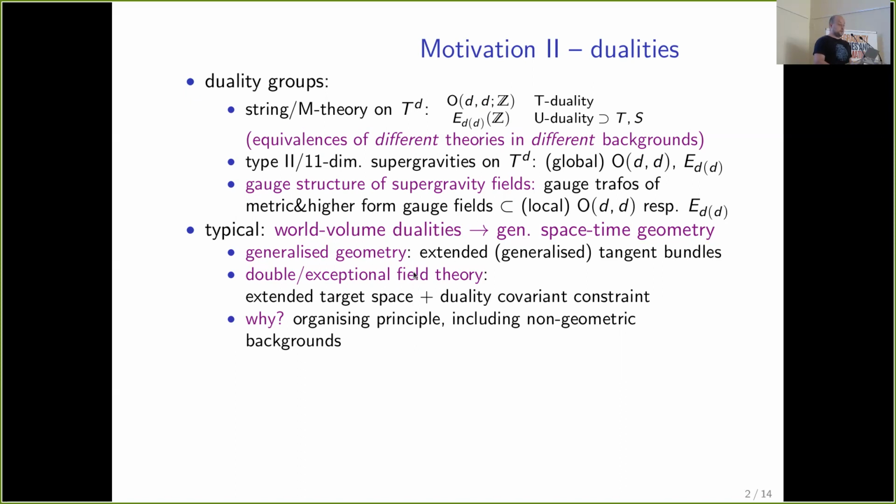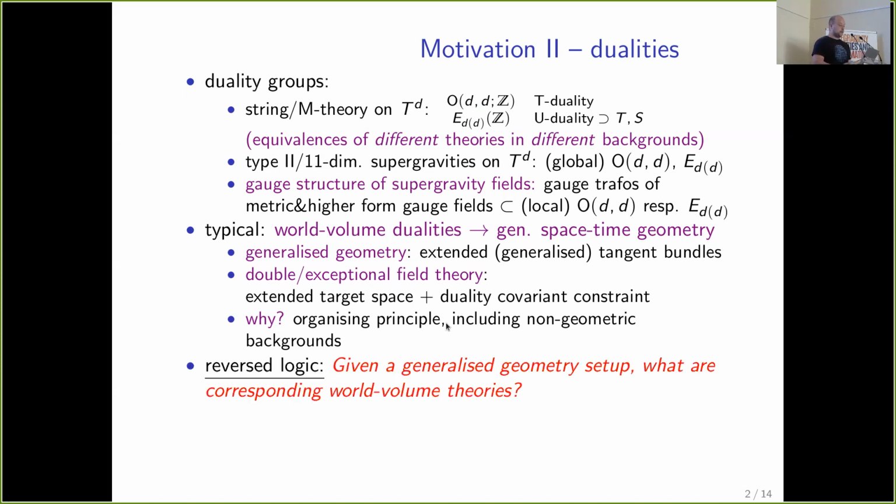You start with these world volume dualities and try to get a space-time geometry setup that respects these groups in some way. So now I want to go the opposite way and start with some generalized geometry setup and want to see what kind of world volume theories are like the canonical ones.